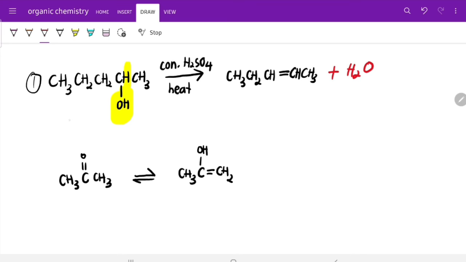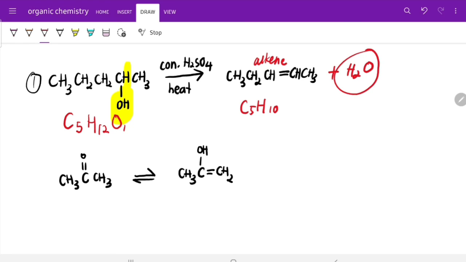If initially I have 5 carbon, 12 hydrogen and 1 oxygen, in the final product I only have 5 carbon with 10 hydrogen and no oxygen. So from alcohol I'm forming an alkene. Some of the atoms in your alcohol are being eliminated as a water molecule. So this is an elimination reaction because we eliminate some of the atoms from the original reactants.